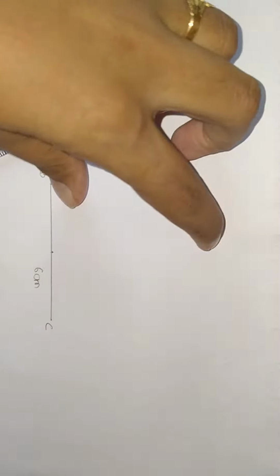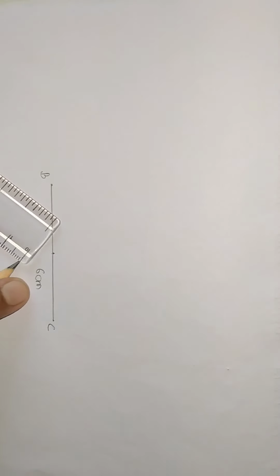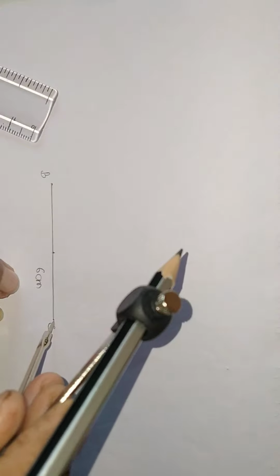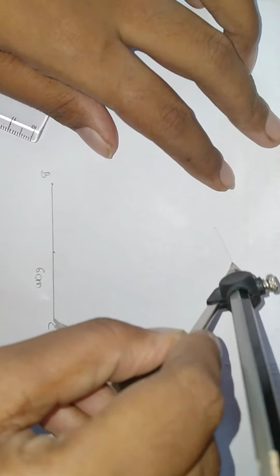Now for an isosceles triangle, these two sides should be similar. So I am taking here a distance of 8 centimeters and marking an arc from both the vertices.